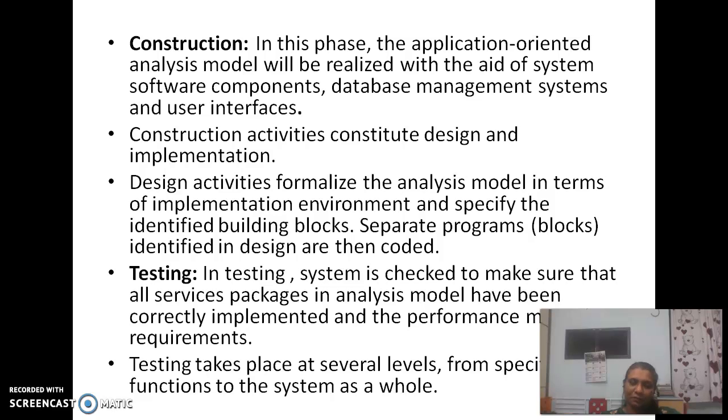So here in the testing phase, before we hand over the project into the customer's hands, we do test it to ensure that all the specifications have been rendered properly. Then testing takes place at several levels, from specific functions to the system as a whole.